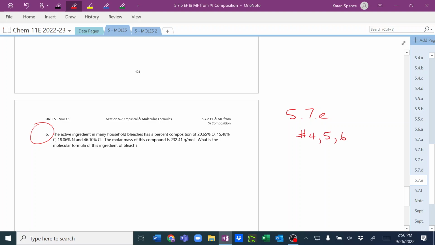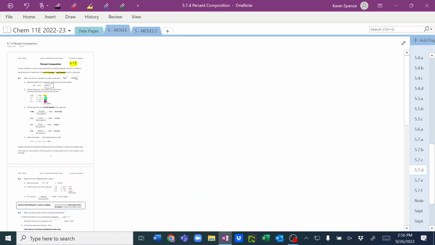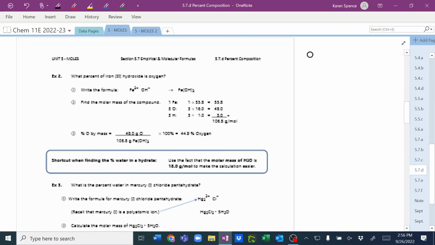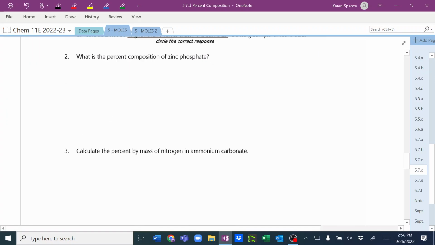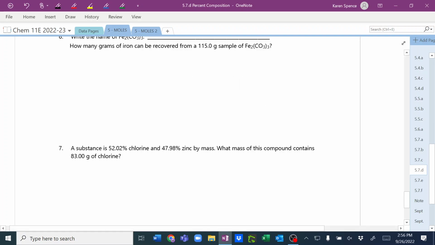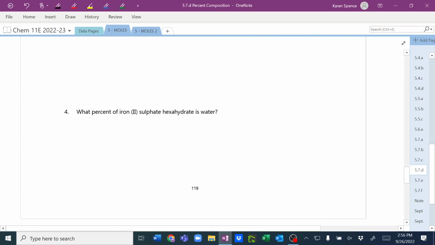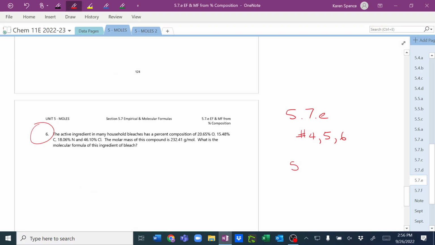That's just to refresh your memory of doing empirical formulas. And then finally, 5.7 D. What do we want to do? How many questions do we have? How about, yeah, odds. Odds? Is good.